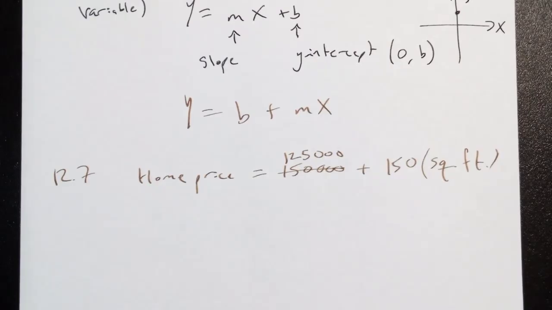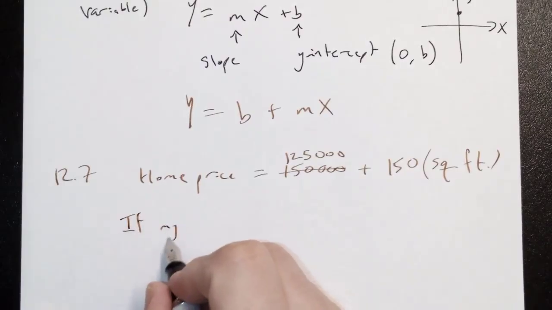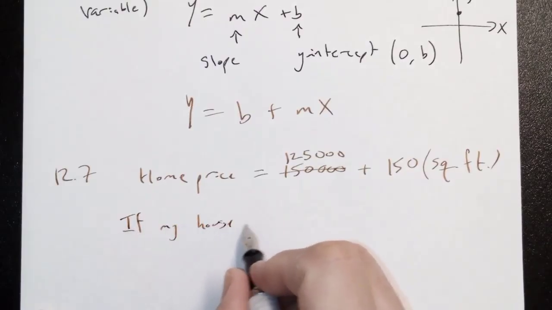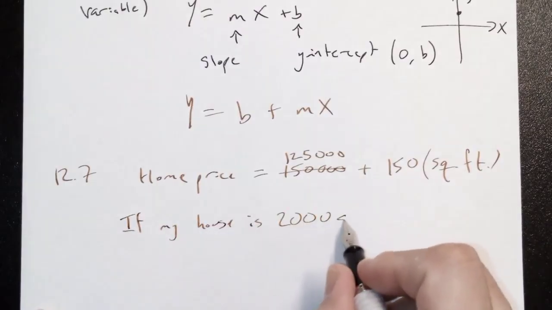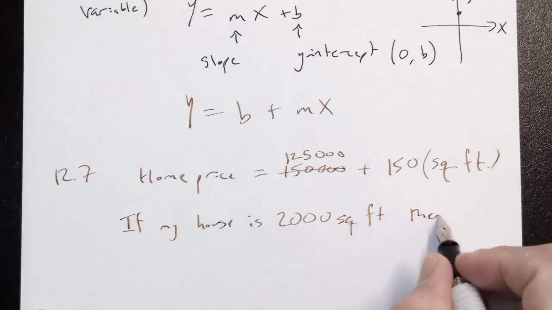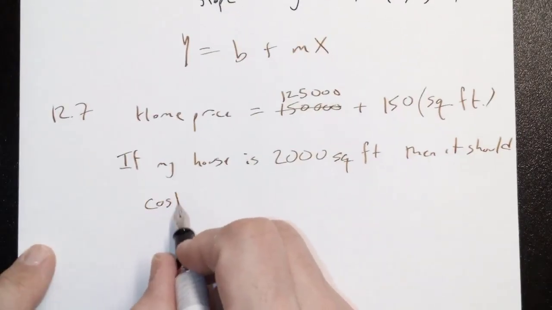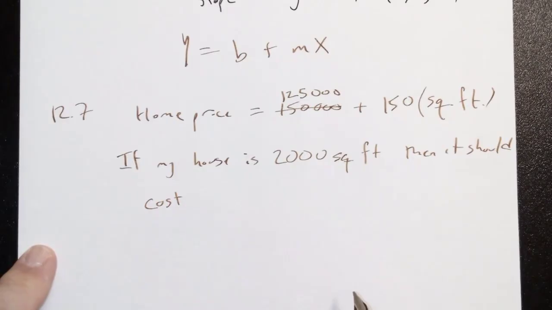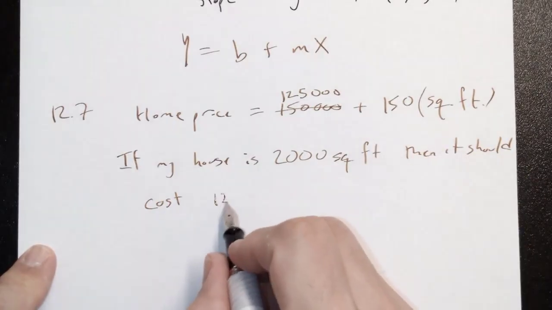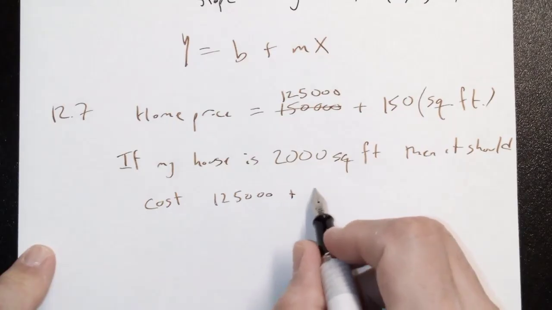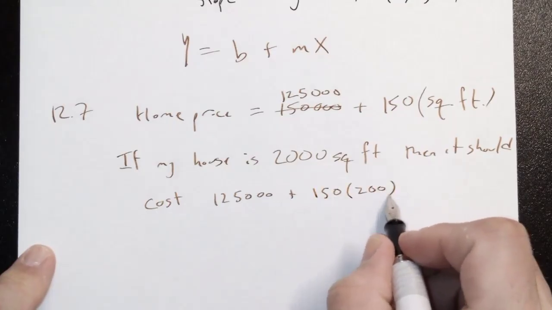Per square foot. So if I told you I'm going to buy a 2,000 square foot house, what should it cost me? 125,000 flat plus 150 times 2,000.